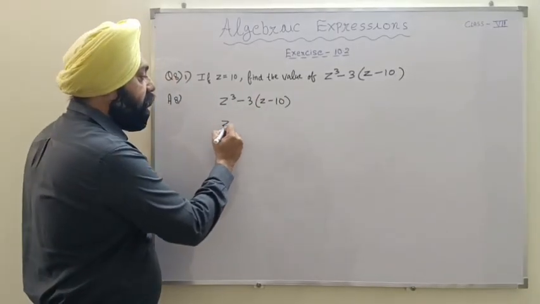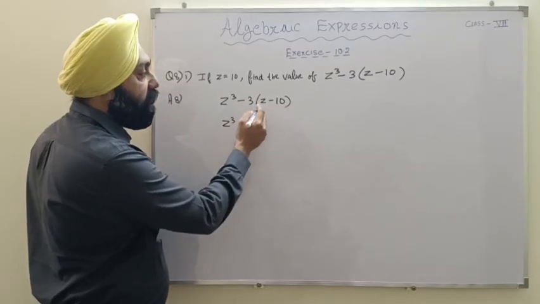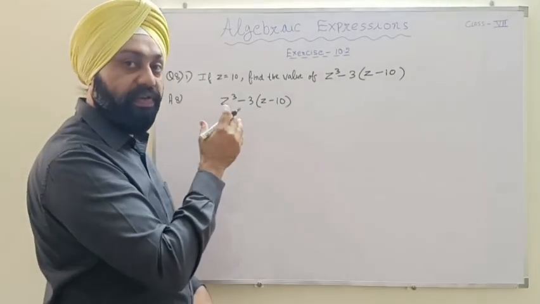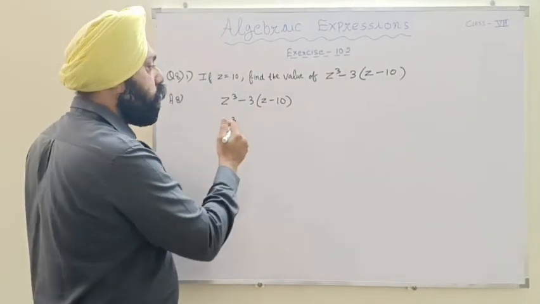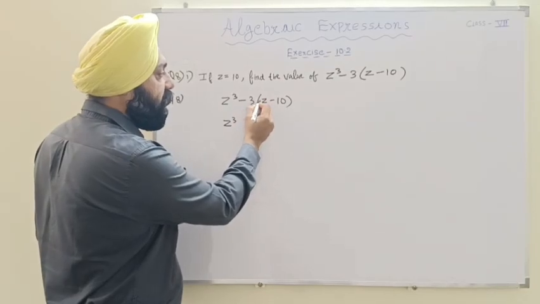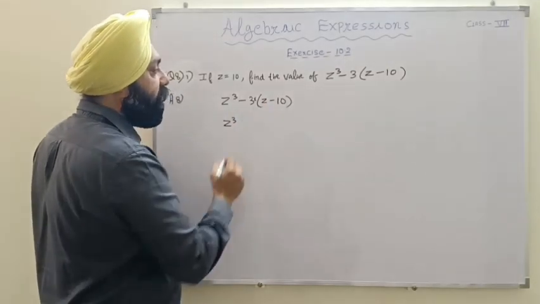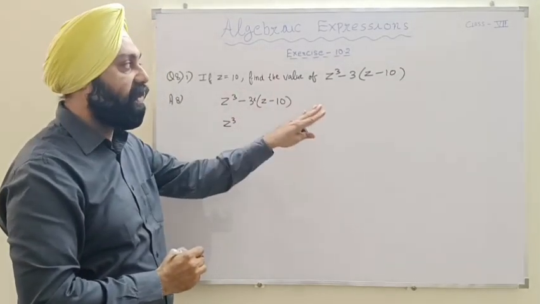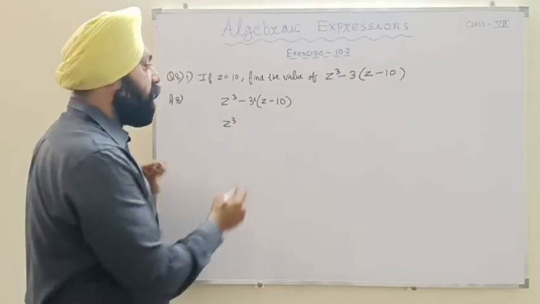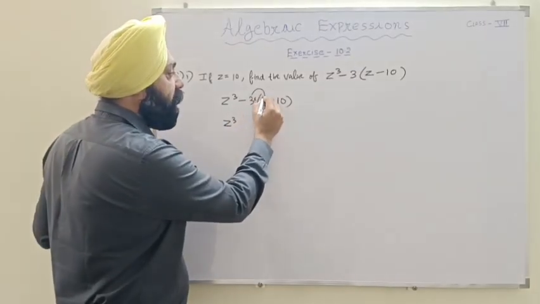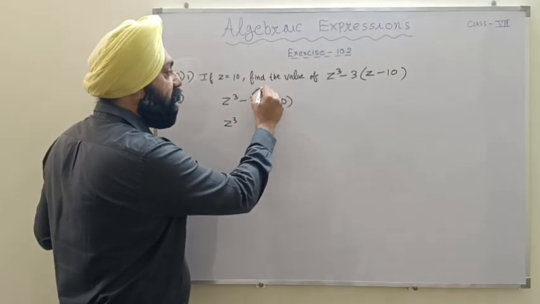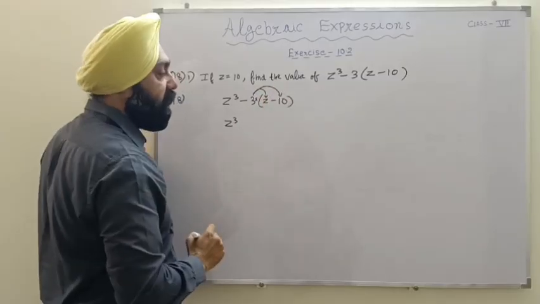So we will write z cube as it is and minus 3. Now what we will do? We will first open the bracket. So in order to open the bracket, if you see minus 3 and z in bracket, there is a multiplication sign. If we don't have any sign between them, it means multiplication. So minus 3 will first get multiplied with z, and minus 3 will get multiplied with minus 10.